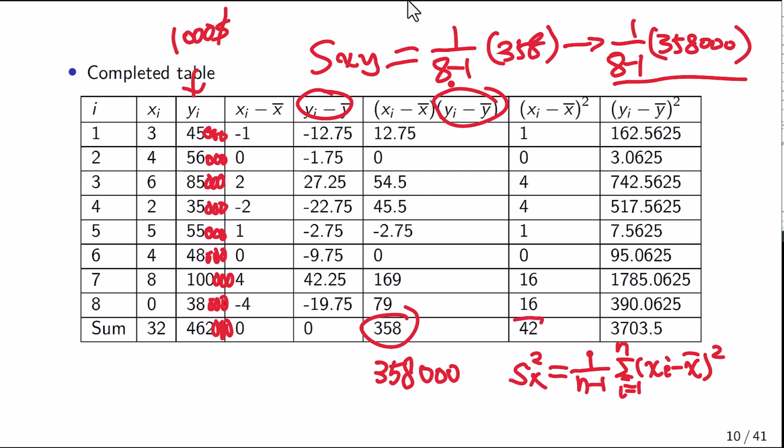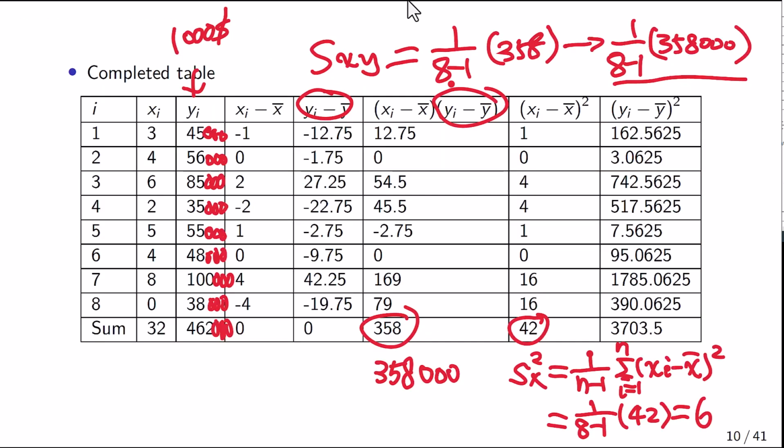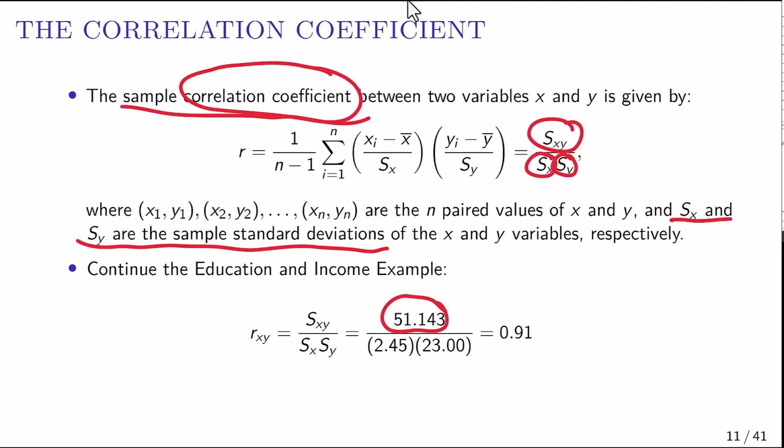And then we add all of them together. In this case, it's going to be 1 over 8 minus 1 times 42. This is a perfect number, so it's 6. That's how we get this variance as 6. And then we take the square root of 6. That's the standard deviation. The same thing for y. That's how we got sx and sy.